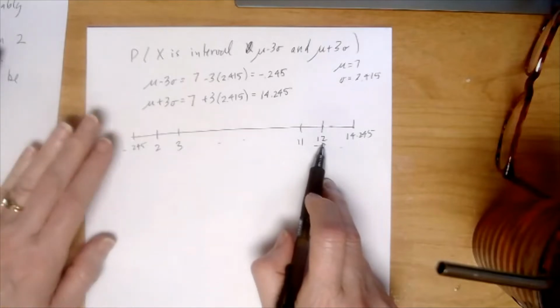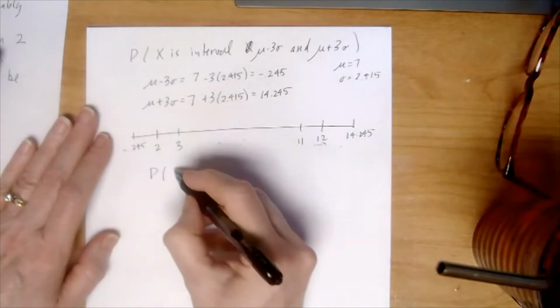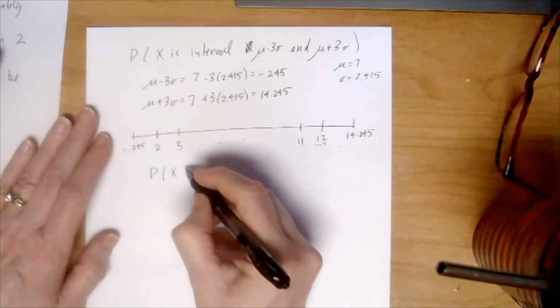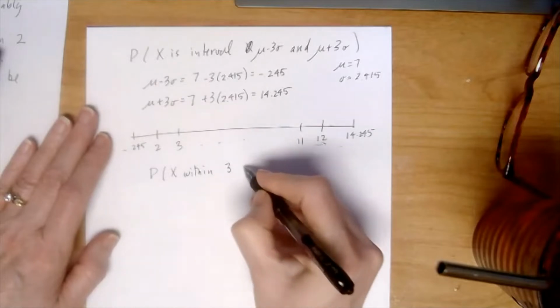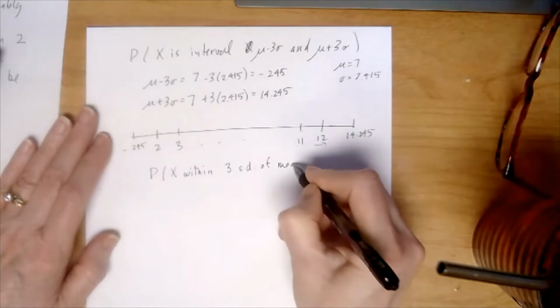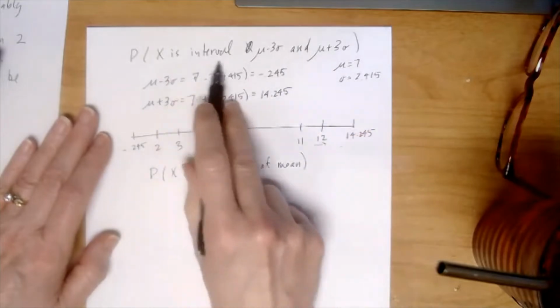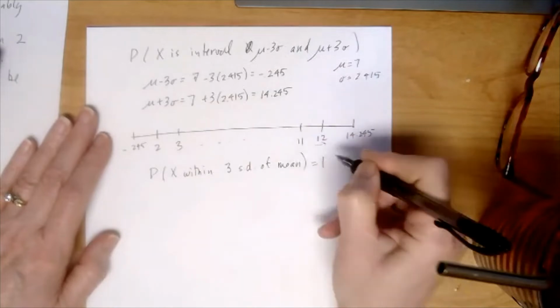It's 1, right? So the probability that x is within 3 standard deviations of the mean, which is another way of saying that x is in the interval mu minus 3 sigma, mu plus 3 sigma, equals 1.